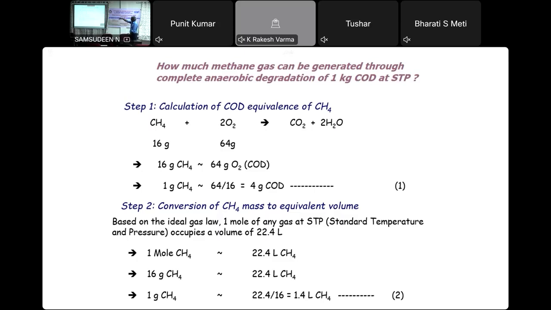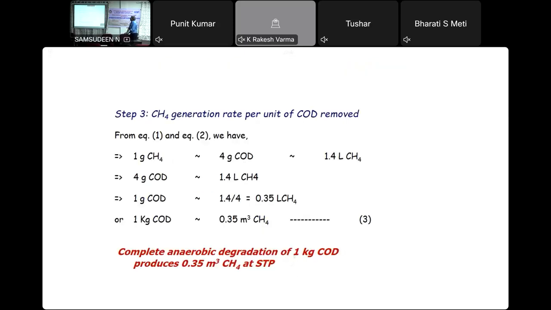So for 1 gram, 22.4 divided by 16, you get 1.4 liter of methane. Next step. Now, with all this information from step 1 and step 2, you can calculate that complete degradation of 1 kilogram of COD will produce 0.35 cubic meter of gas.